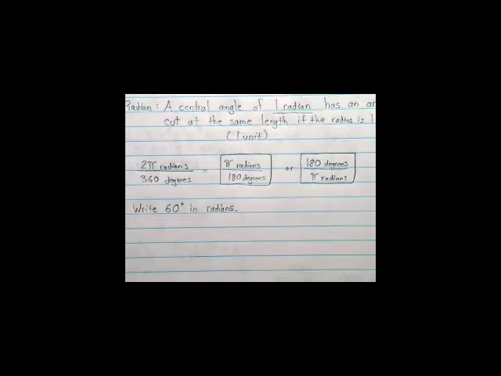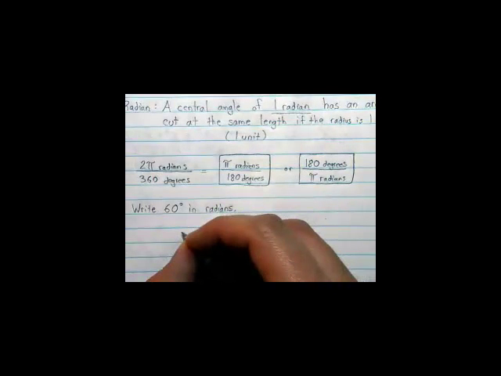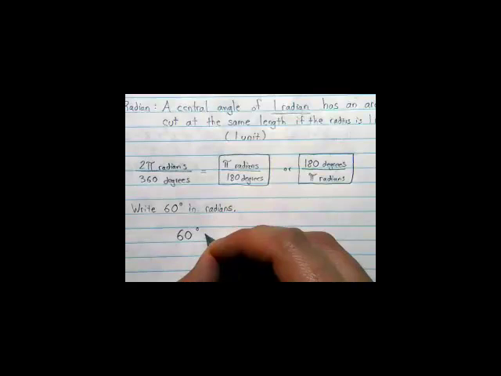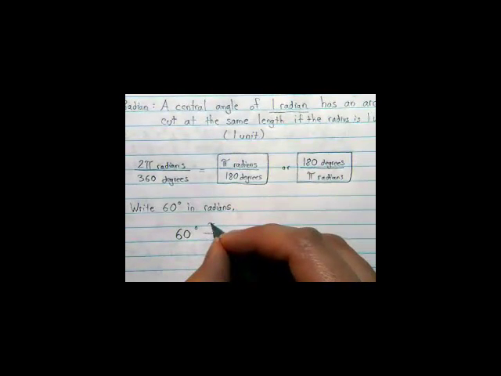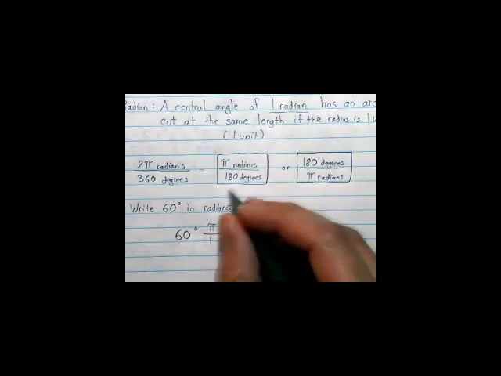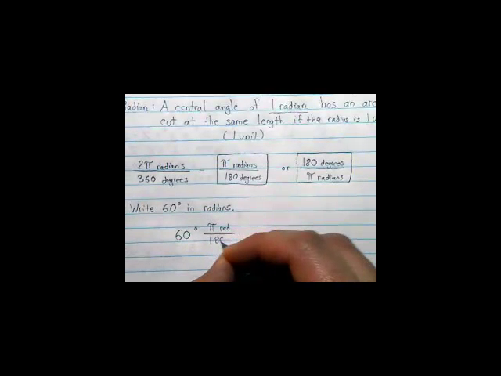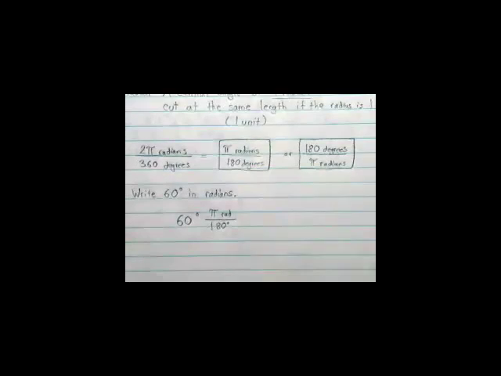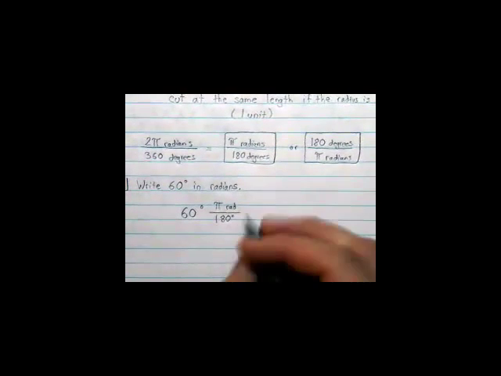So whatever's on the bottom of that fraction should be what I have, and I can cancel that, and whatever's on top is what I'm left with. So if I take 60 degrees, multiply it by pi radians, and if you don't want to have to write the word degrees, that's fine. You can just do 180 degrees like that, and that'll work.